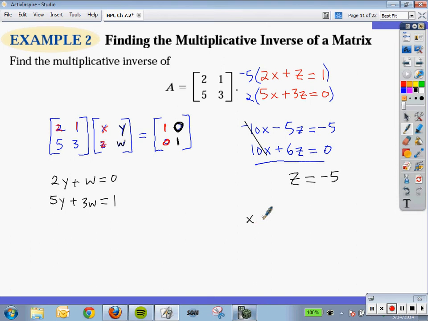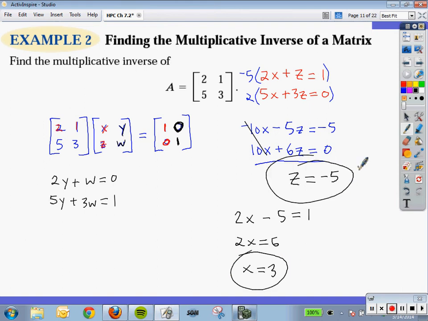I end up with 2 times x minus 5 equals 1. And I end up with x equals 3. So I got x and z. What did you guys get for w and y?